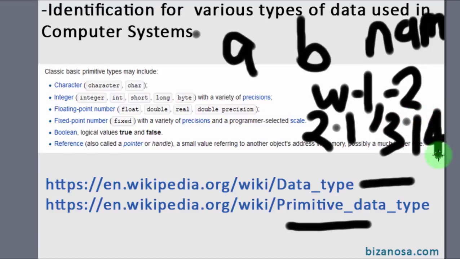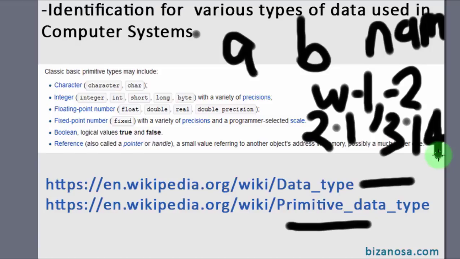So there'll be some kind of data type that will handle that particular kind of data in the programming language. It will entirely depend on the data types that are available in the programming language that you will be using.